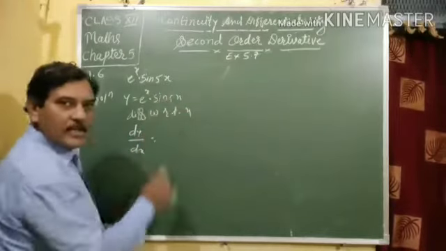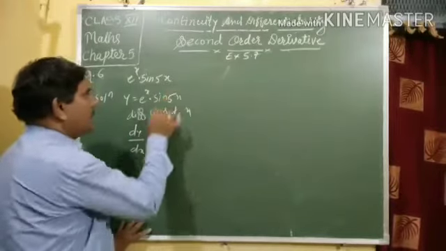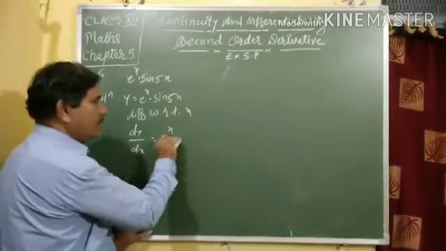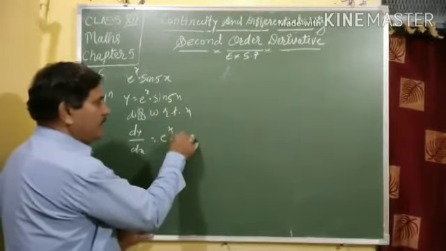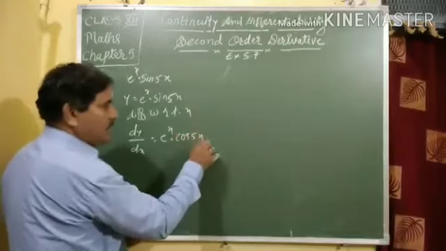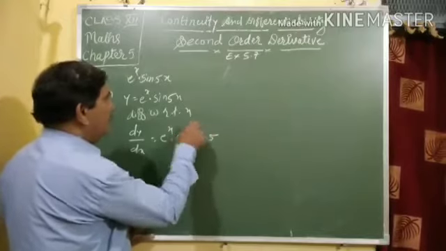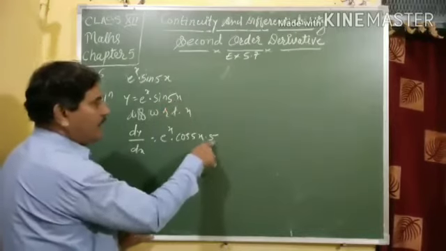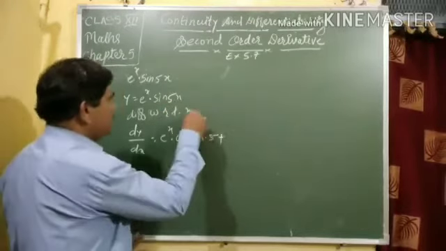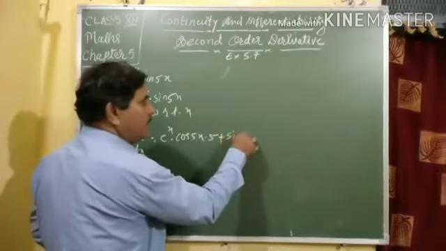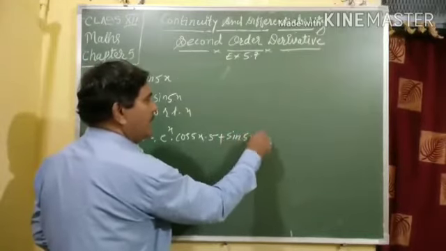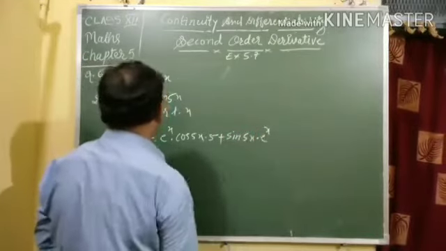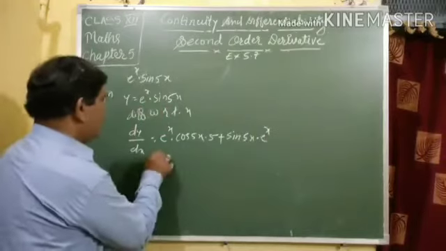Here first into second. First term as it is, derivative of second, that is cos pi x into pi, derivative of sin is cos, and derivative of pi x is pi, plus sin pi x as it is, and derivative of e to the power x is e to the power x.